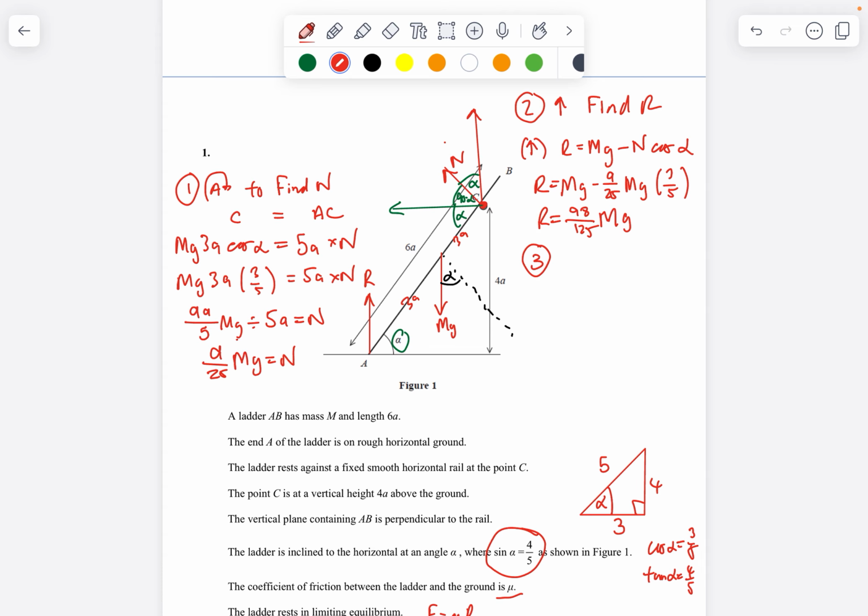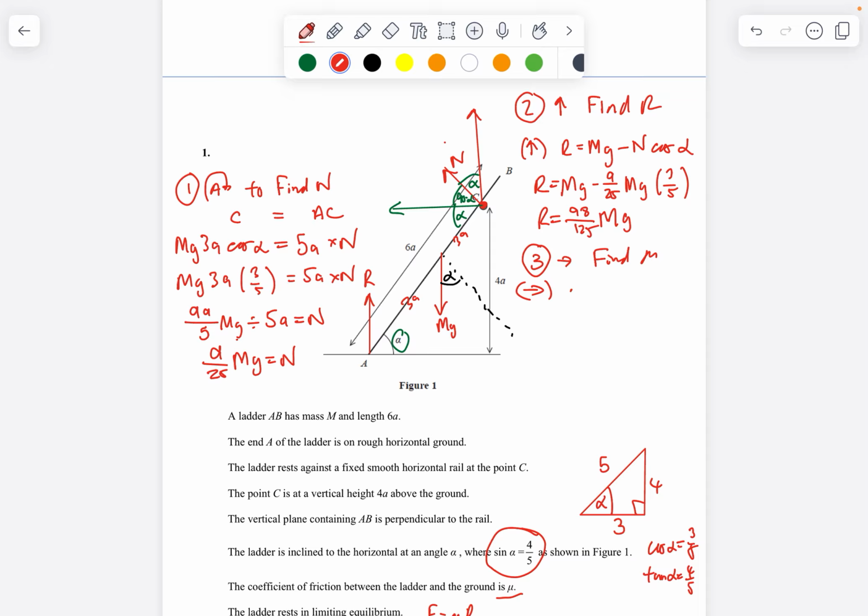Now I've done the vertical, I'm going to do the horizontal, and the horizontal is going to tell me mu. So in the horizontal plane, I have got the reaction at C with the horizontal component, and I've got friction, and that's it.